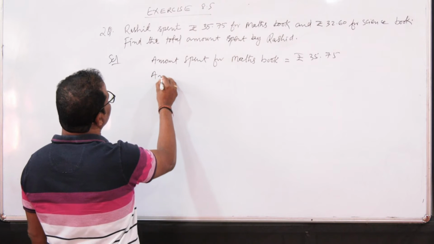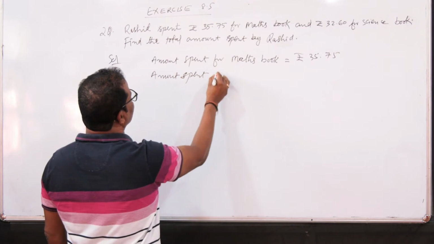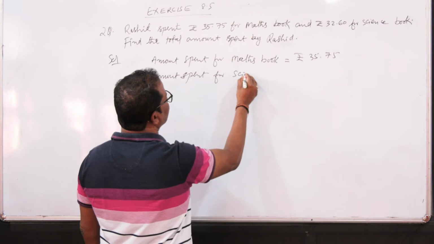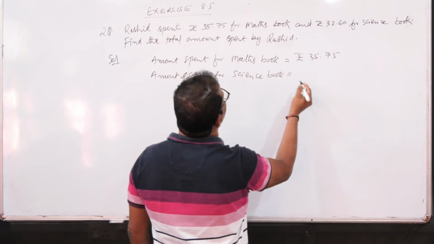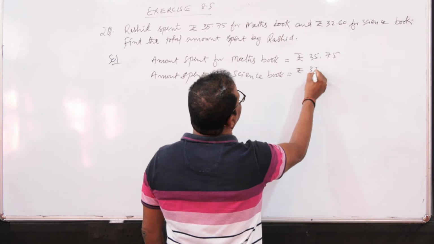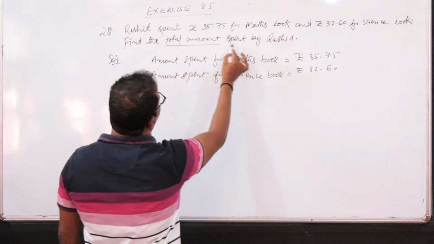Then amount spent for science book is equal to rupees 32.60 only. Find the total amount spent by Rashid.